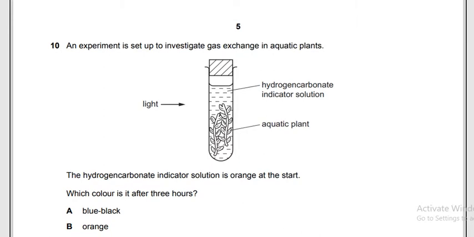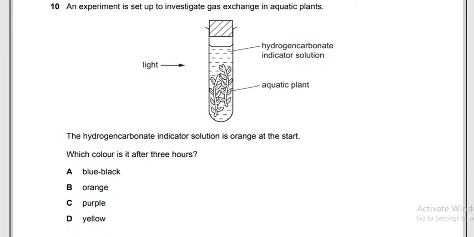Now, question 10. An experiment is set up to investigate gas exchange, so we are looking at gas exchange in an aquatic plant. We have hydrogen carbonate indicator, an aquatic plant, and then light. So obviously the aquatic plant will be photosynthesizing.